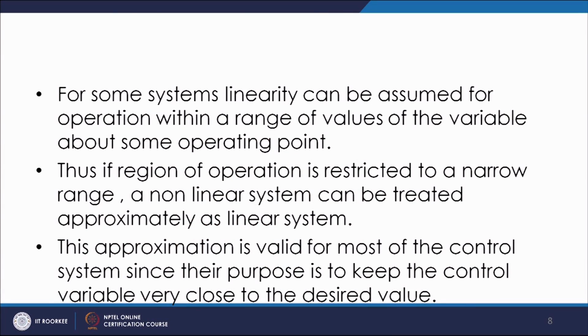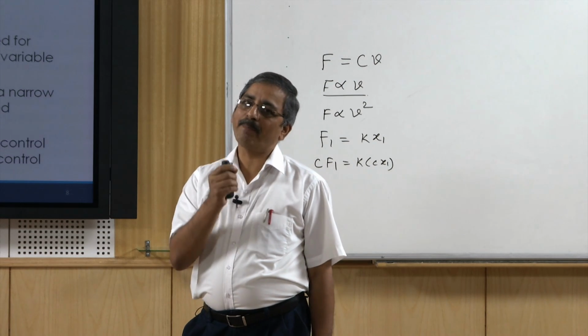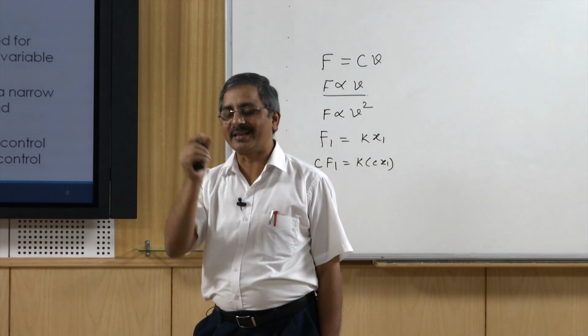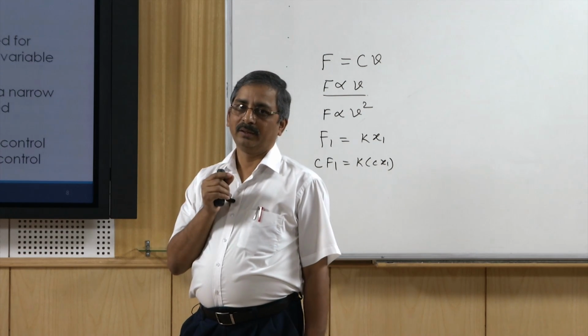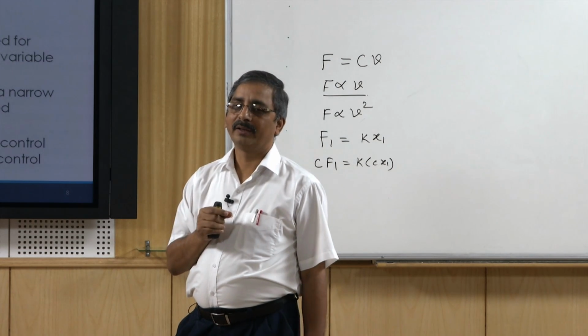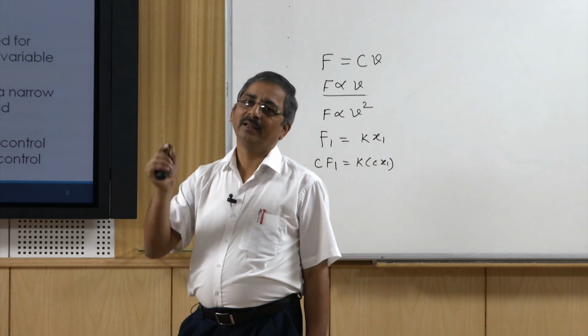Now, this approximation is valid for most control systems. Why? Because the purpose of a control system is to keep the control variable very close to the desired value. So, the control system will always try to keep your variable within a small range of the desired value, and in that small range my system is going to be linear.